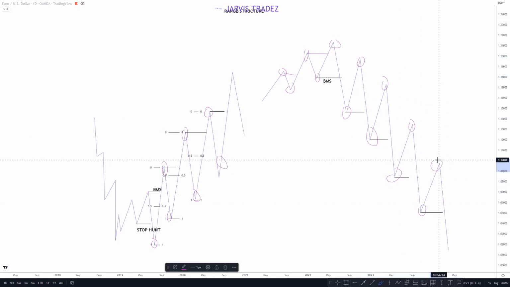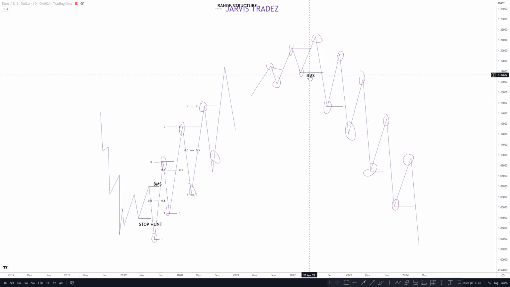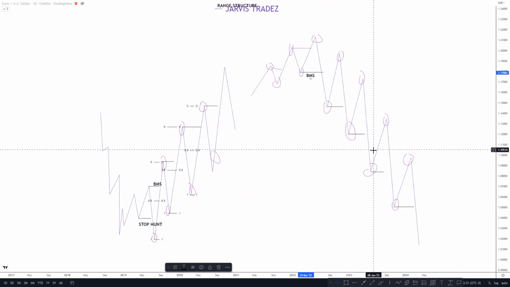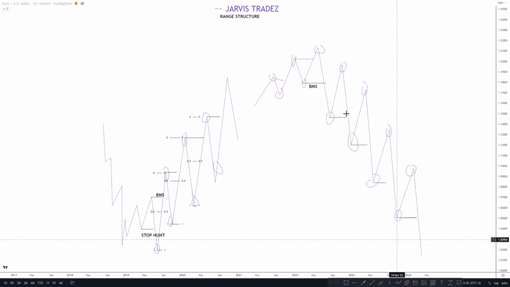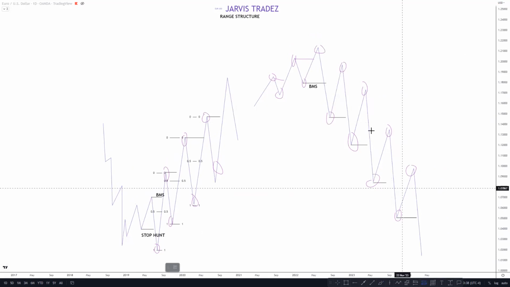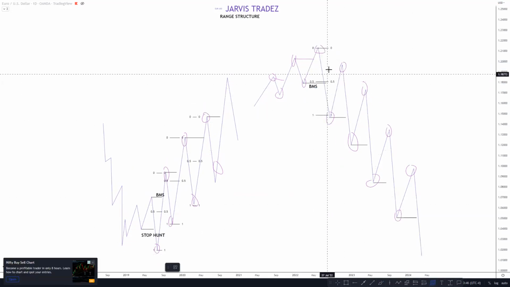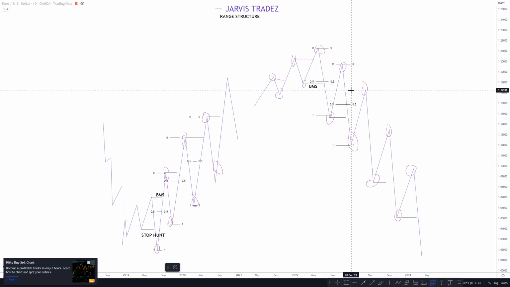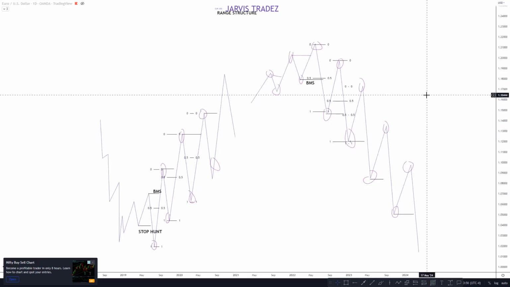The first BMS will be the break in market structure, and after that, lower low, lower high, lower low, lower high, lower low, lower high will be just a range structure from this low to this high. So we will look for entry at the discount zone, sells at the discount zone. Okay, so that is how we see the range structure.